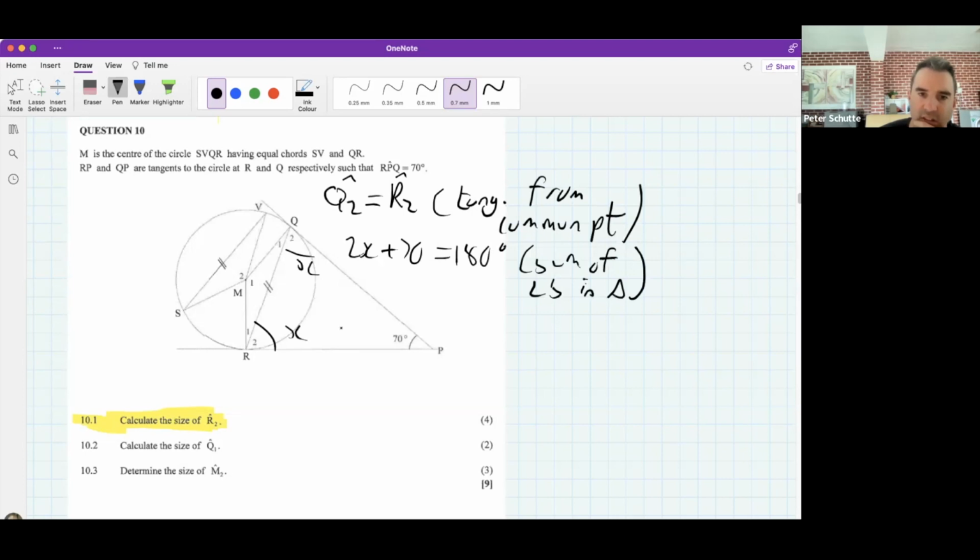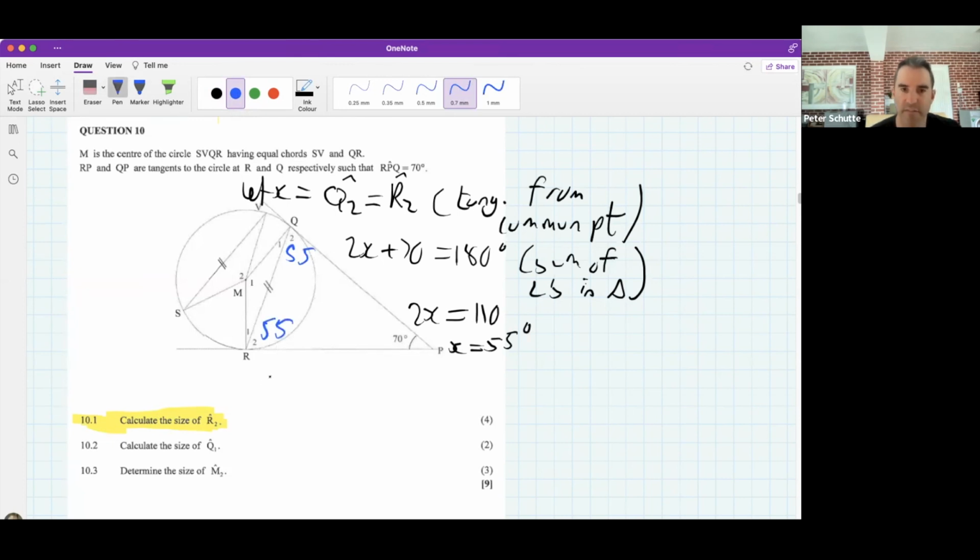And I suppose here I should say, let X equal those ones. And then if I solve that equation, I take away 70 from both sides, divide it by 2, and I get 55. You didn't have to write it like that. I'm just showing you a way you could have written it. But I agree, it's 55.